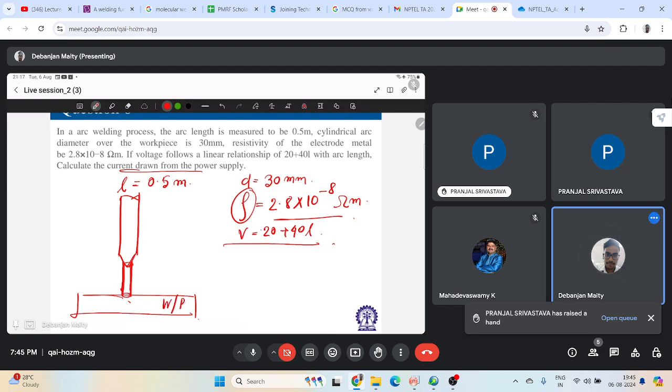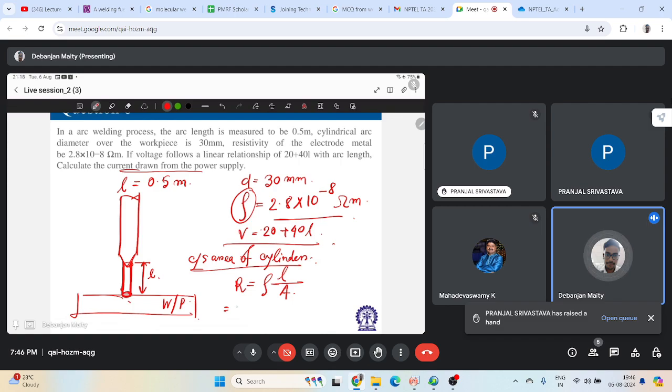This is my workpiece. I know the arc length and I know the diameter, so you can find the cross-sectional area of the cylinder through which your current is passing. So what is resistance? Rho into L by A, correct?